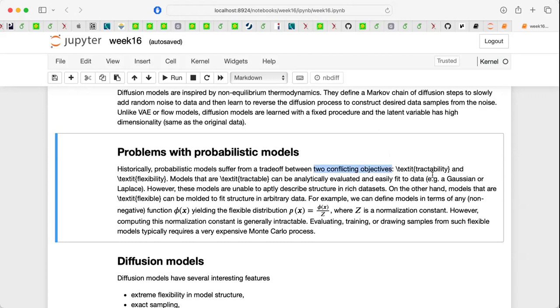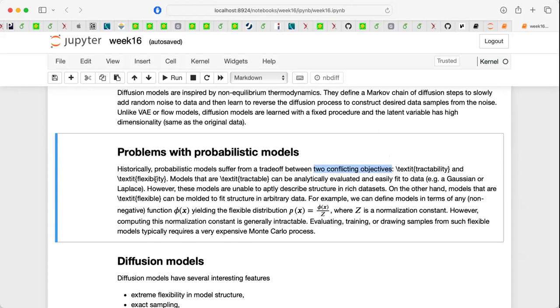One is tractability, which means essentially that you have a simple distribution which is easy to use, and you can generate new data from that probability distribution easily. In general, we know that the probability distributions which we are studying are multidimensional ones, and they can actually be almost intractable, even if we have an analytical expression for them.